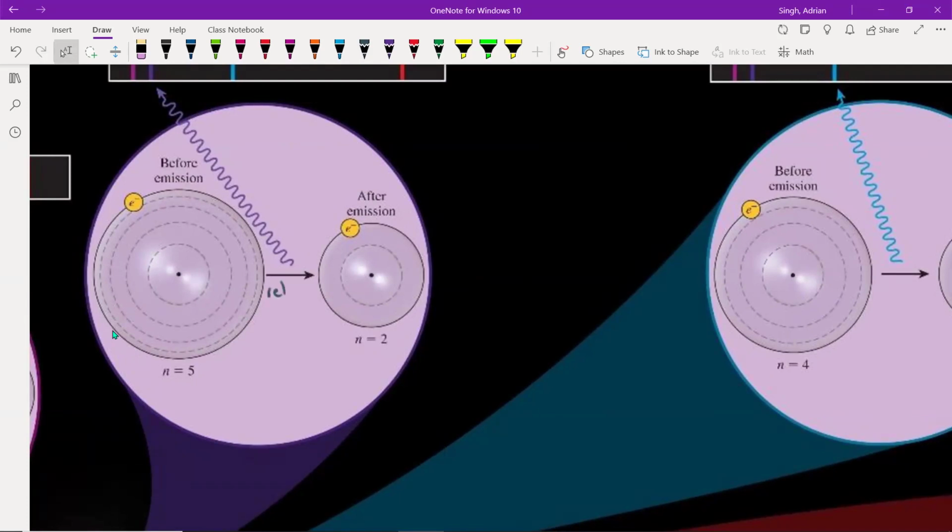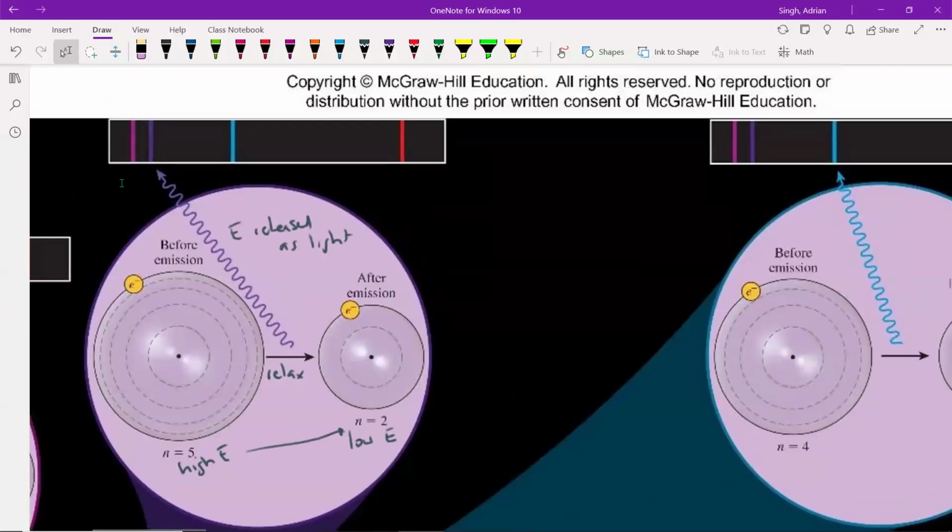It can still relax back down. And when it relaxes back down from a higher energy level to a low energy level, n equals 2, that difference in energy now gets released as light. And that light, for instance, can correspond to this purple line that we see.